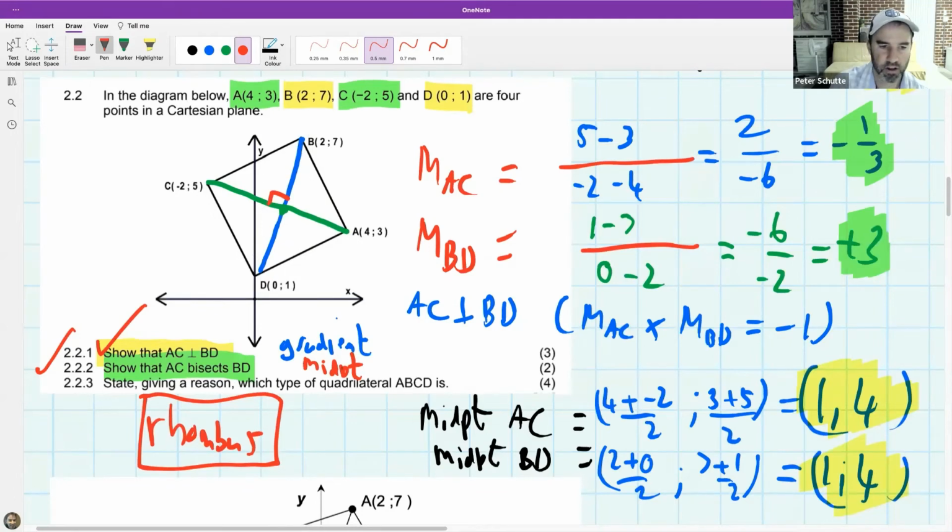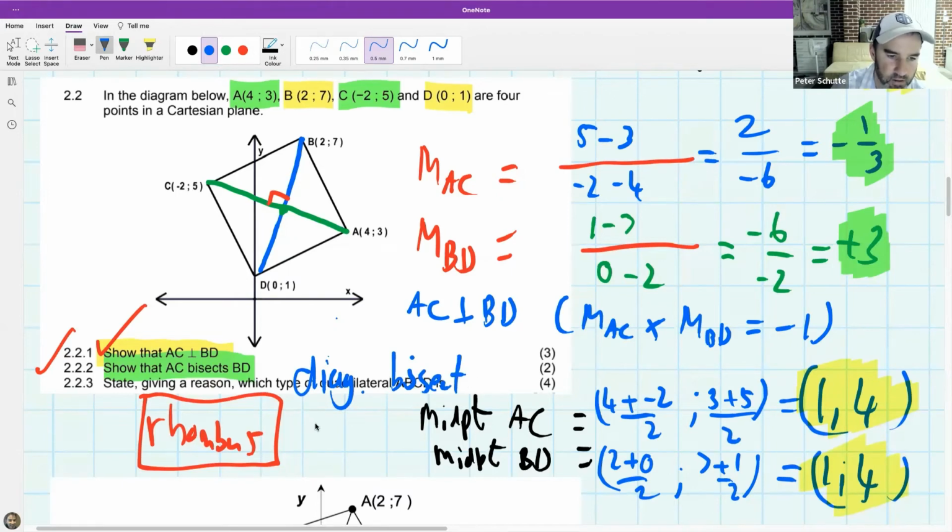I'm running out of space here, but the reason you would write is you'd say it's a rhombus because the diagonals bisect at 90 degrees. What that means is they cut each other in half, and when they do it, they cut each other at 90 degrees. All right. Now, that is how you would prove a rhombus.